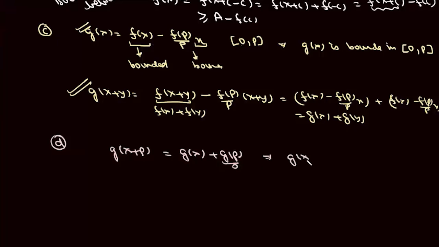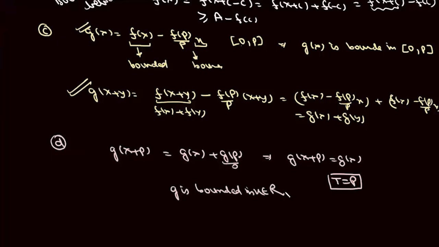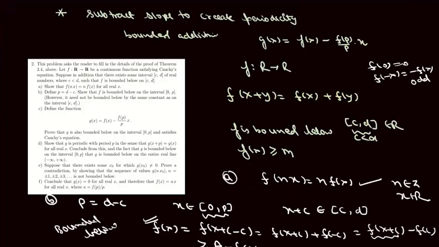So this g(x + p) is g(x), or g(x) is periodic with period p. And because it's a periodic function, g is bounded for x belongs to R. We have proved our fourth part that g is periodic and is bounded in R.